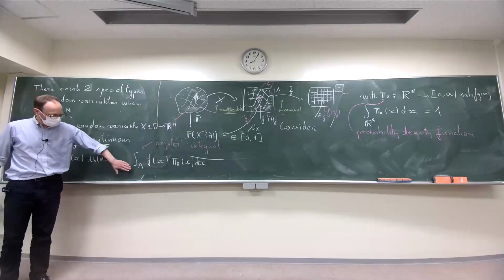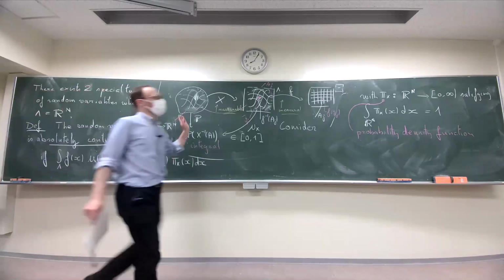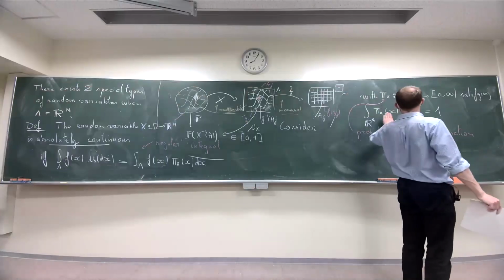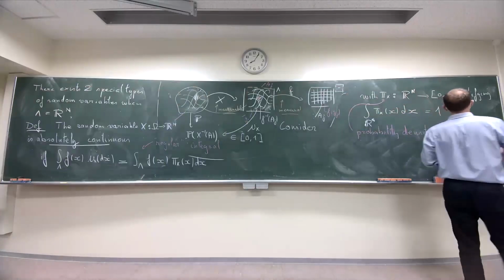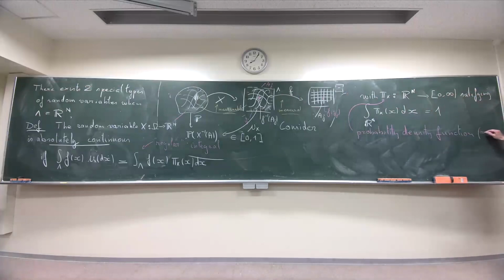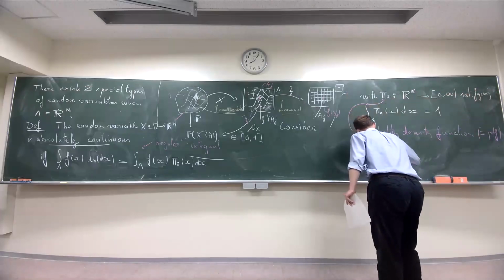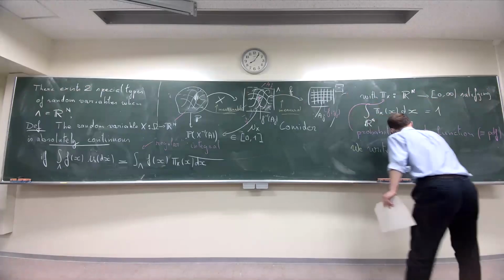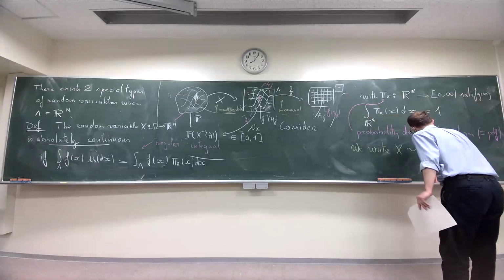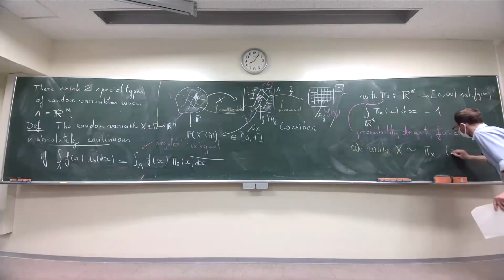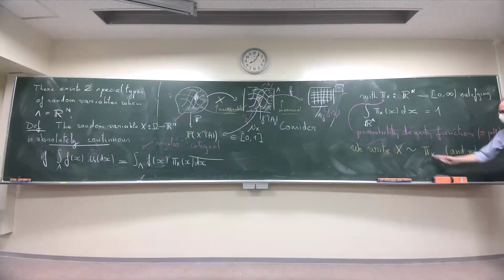So this is what we are familiar with. In this case, when we have such a function whose integral is 1, it's called the density function, PDF, probability density function. And we write that X follows the law pi x. So I use this notation instead of pi x dx.